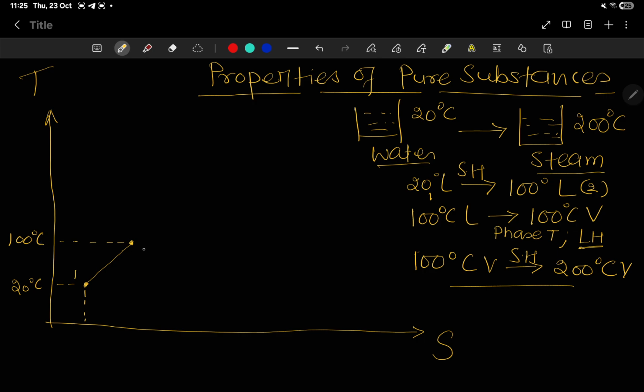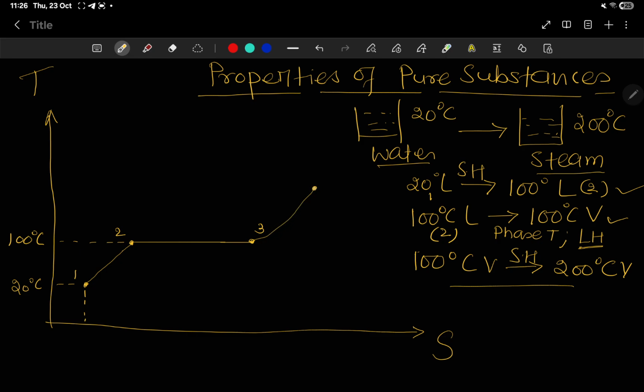Then from 100 degrees Celsius liquid it will be converting at constant temperature to point 3. Then again from point 2 it is converted into point 3, so this point is 100 degrees Celsius vapor, and again further heating.